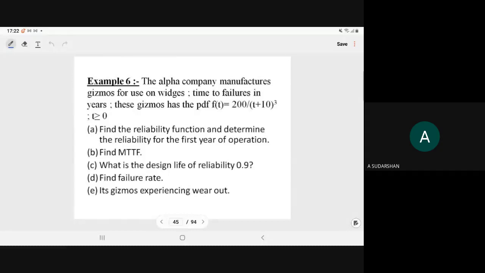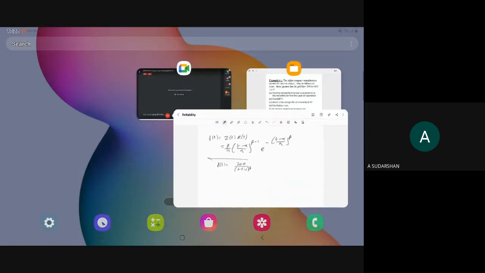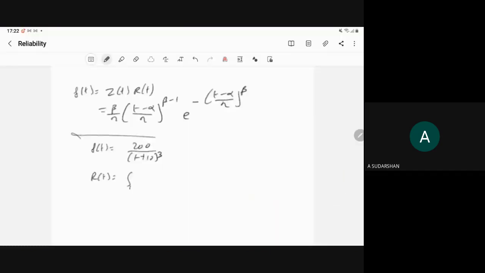So you know what the reliability is. Reliability is the integral from t to infinity of f(t) dt.